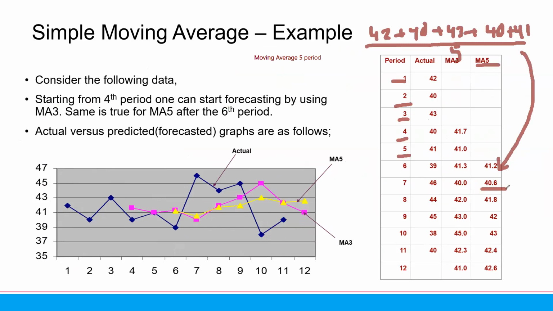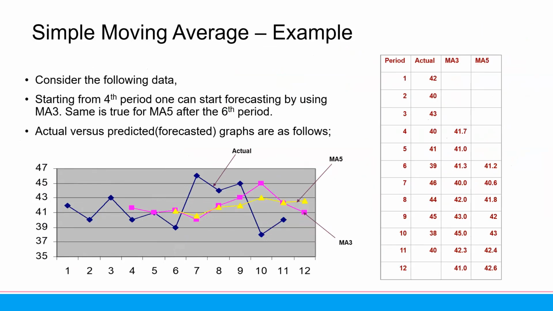What about this value? This value will be obtained from the period 2, 3, 4, 5, 6. What about this one? It will be from the period 3, 4, 5, 6, 7. And so on.